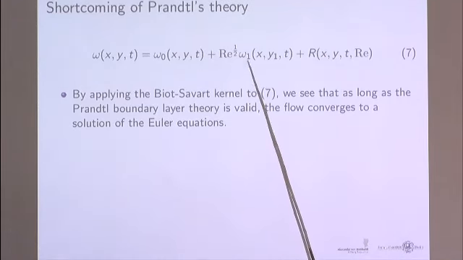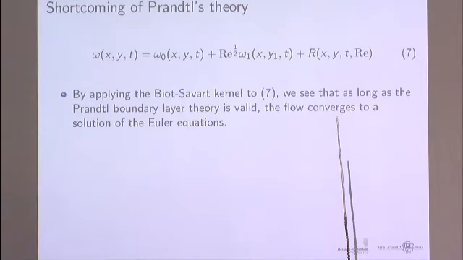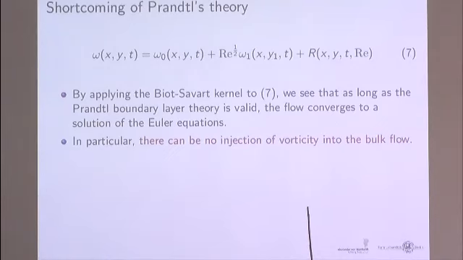And also the energy dissipation associated to this boundary layer will go to 0 like Reynolds to the -1/2. So you cannot dissipate a finite amount of energy when nu goes to 0 with the Prandtl boundary layer. And also you cannot inject vorticity into the bulk because everything stays confined to the boundary layer.